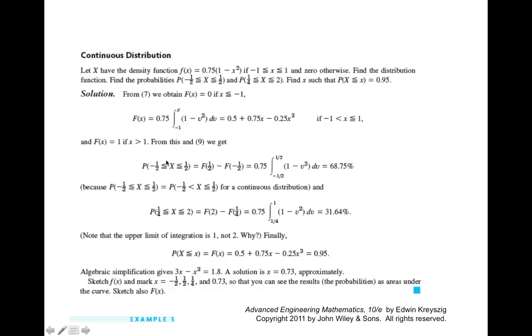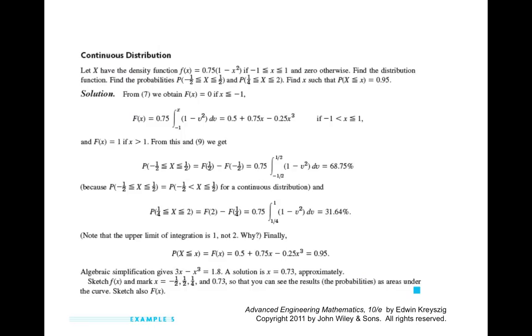So if we want to know the probability that x lies between -1/2 and +1/2, I want to point out very clearly here that, because this is a continuous distribution function, the lower limit is included. So x can assume the value of -1/2. It can assume the value of +1/2.